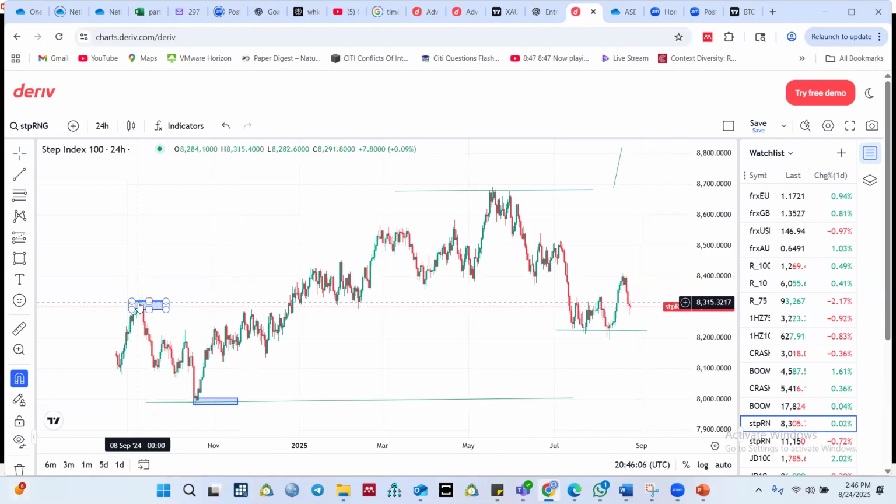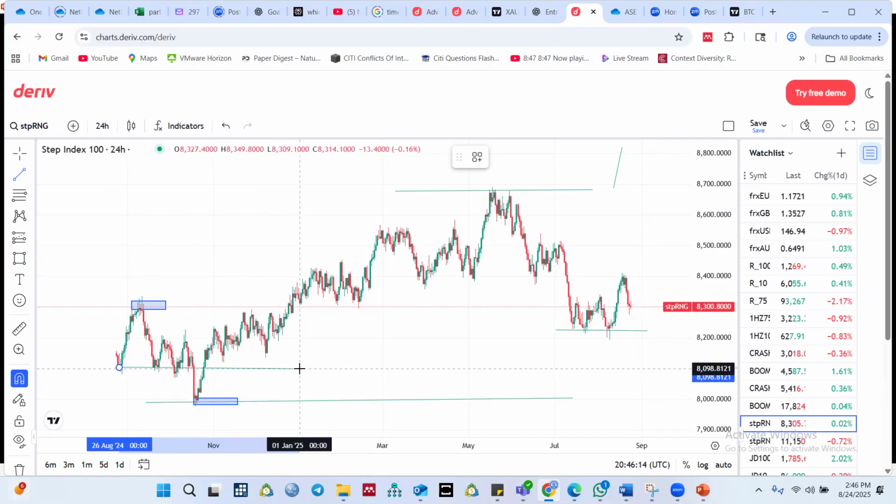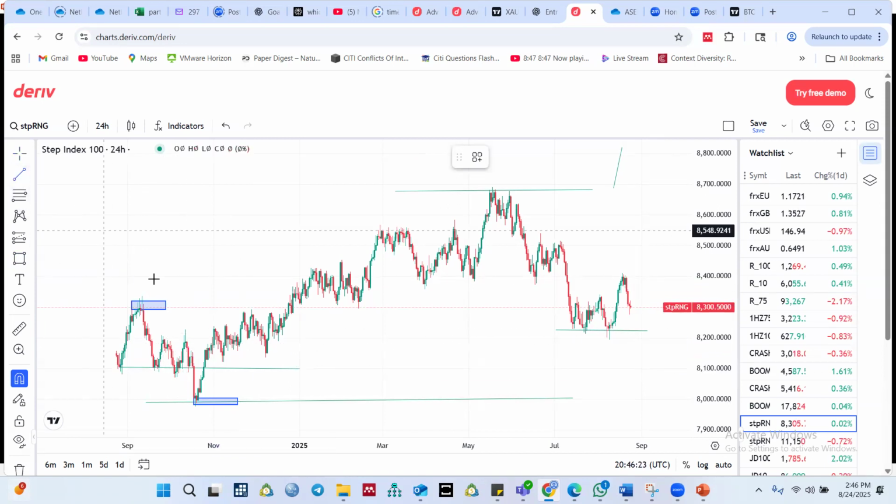So price was high, then it came down and then took these lows. So price from up here hit this area, moved up, hit this area. The last high that broke structure is here.